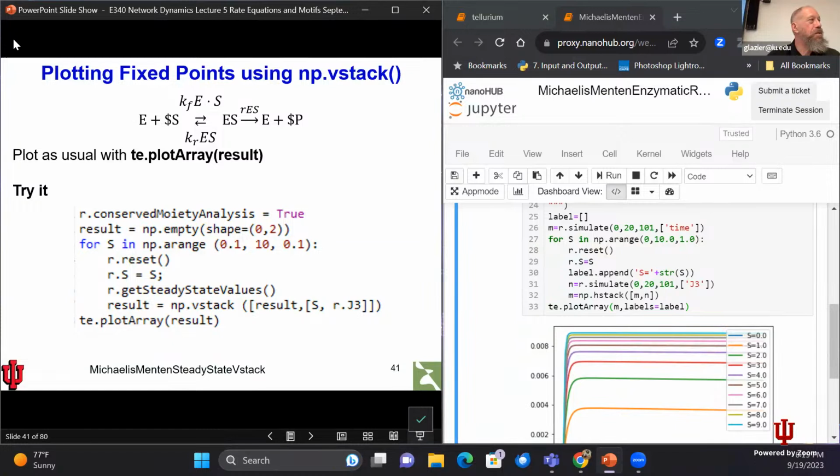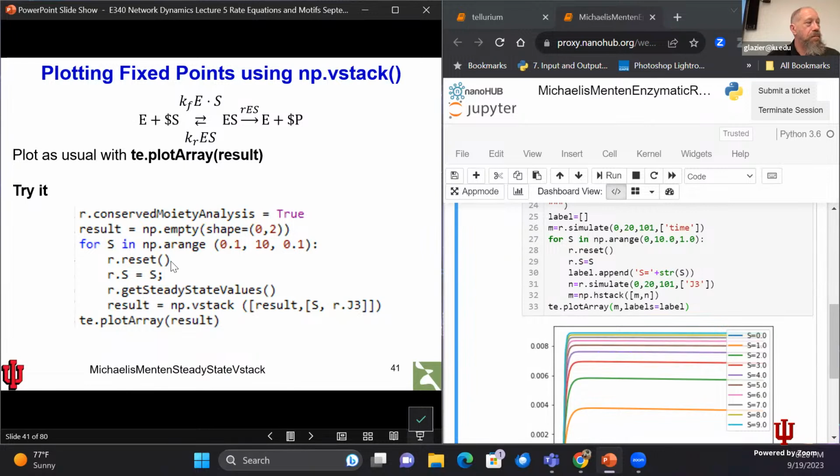So let's try this out together. Let's walk through what this is doing. We're first telling it that there's this conserved quantity, which is E plus ES. Then we're creating a placeholder array in which we're going to put our results, which has 2 columns and no rows. Then we're going to scan S between a value of 0.1 and 9.9.